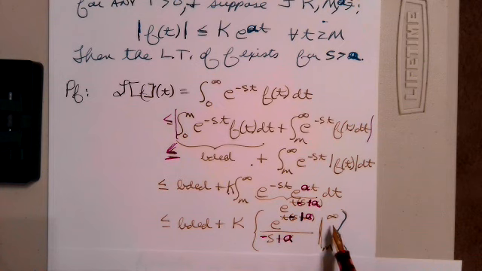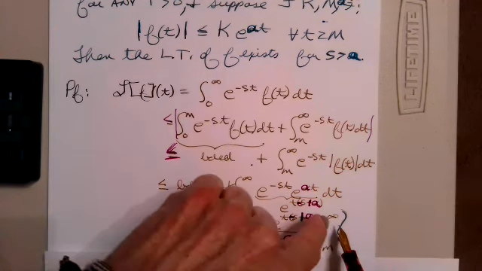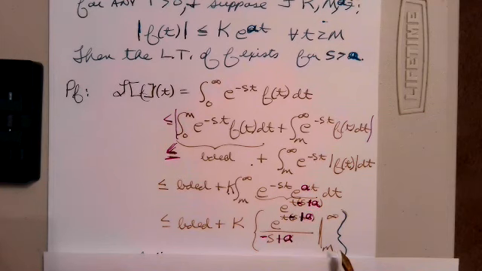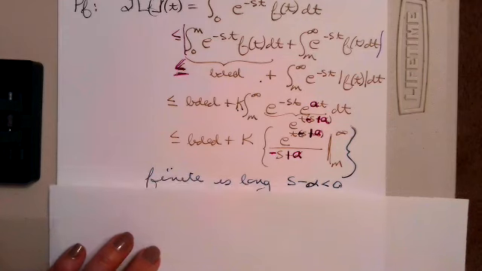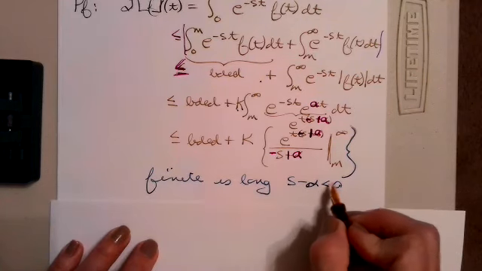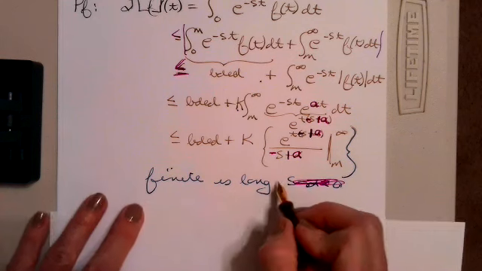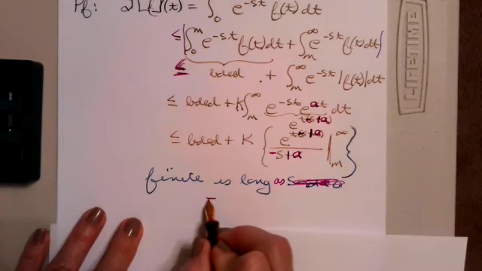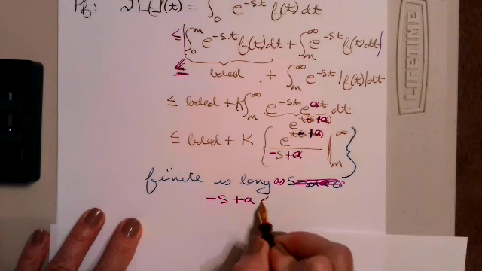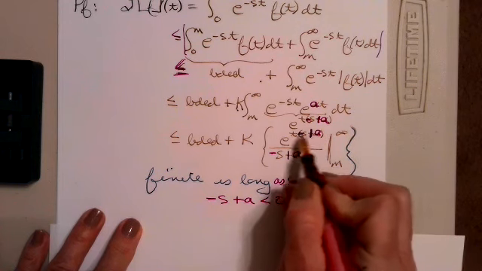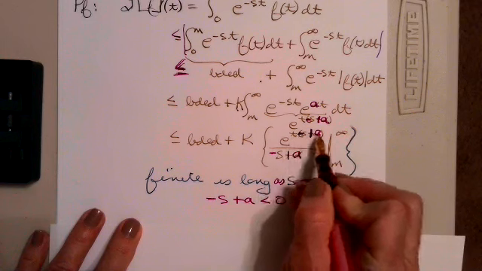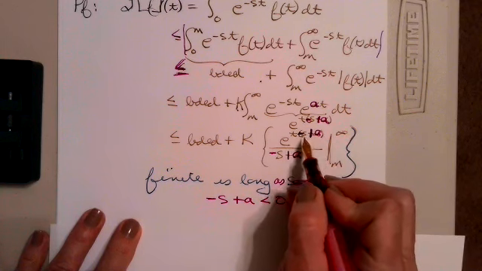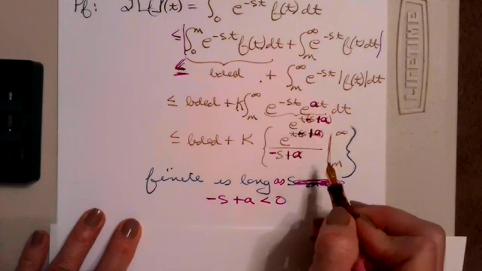When I say evaluated at infinity, I really mean you take the limit as b goes to infinity, and you evaluate this from b to M. But we've done this in class before, so we all know what we mean by that. So now, when is this finite? This is finite as long as minus s plus a is negative. Because when you have a really big number up here, if this coefficient isn't negative, this whole term will be infinite.